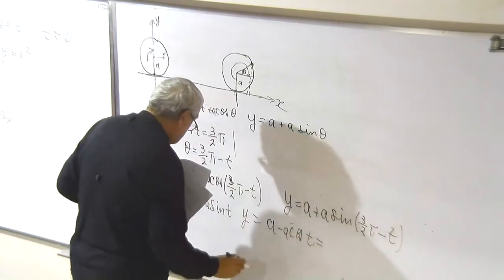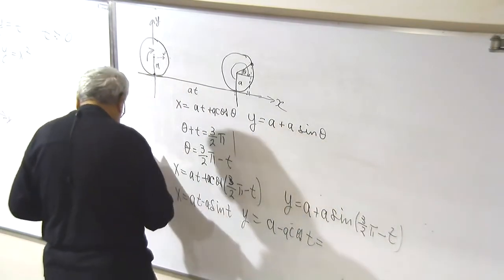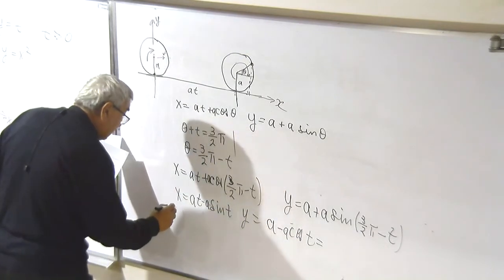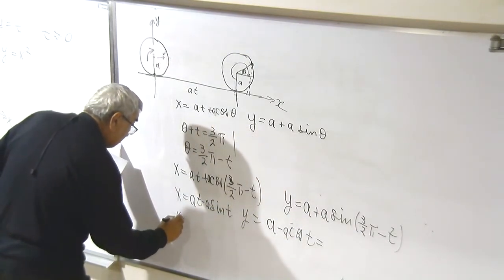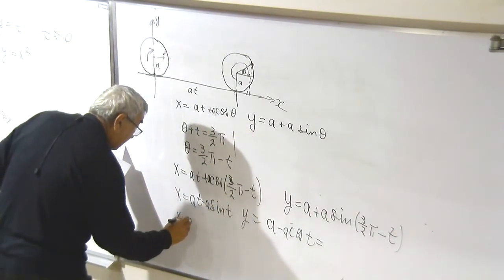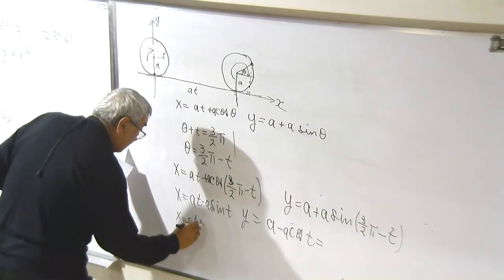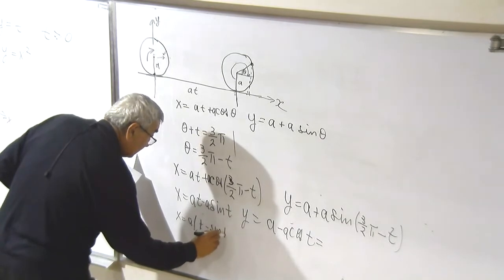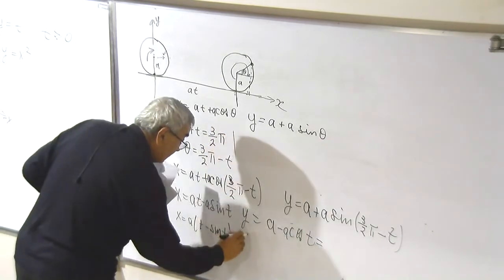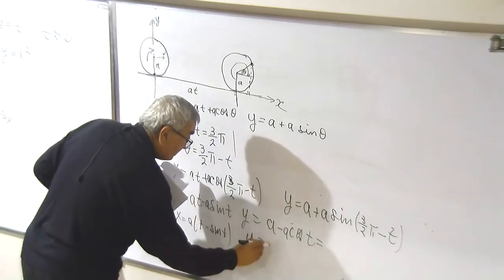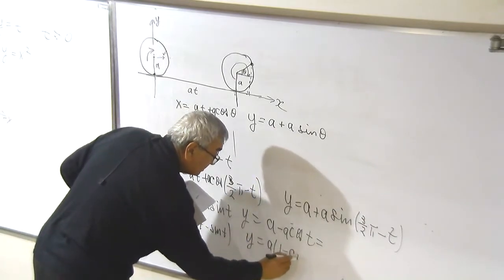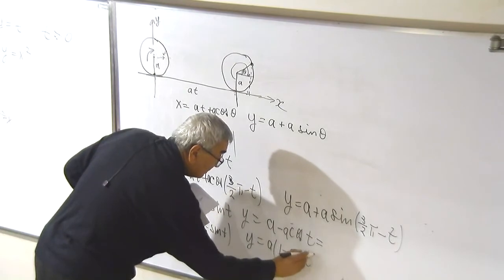Because a is the same, x should be equal to a times (t minus sine t), and y should be equal to a times (1 minus cos t).